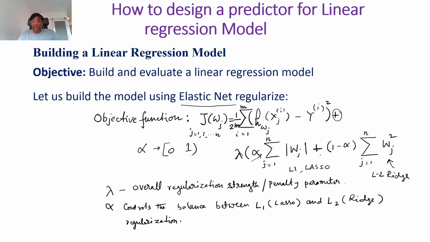If alpha equals 1, then of course this regularizer is gone, and the only remaining regularizer is the lasso regularizer. So by playing a trick with the value of alpha, we can keep both regularizers with some weightage. This is the control you have between lasso and ridge regularization.